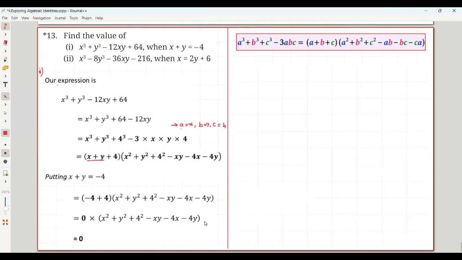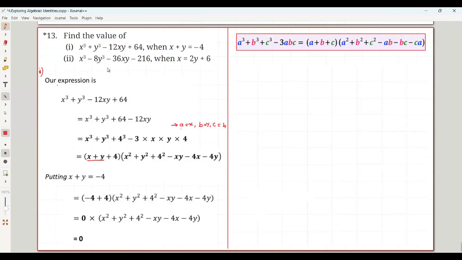So 0 into anything, we will be getting 0. So the final answer is 0. They ask us to take when x plus y is equal to minus 4, what will happen? It becomes 0, and 0 into anything is 0. Hope you can understand this.